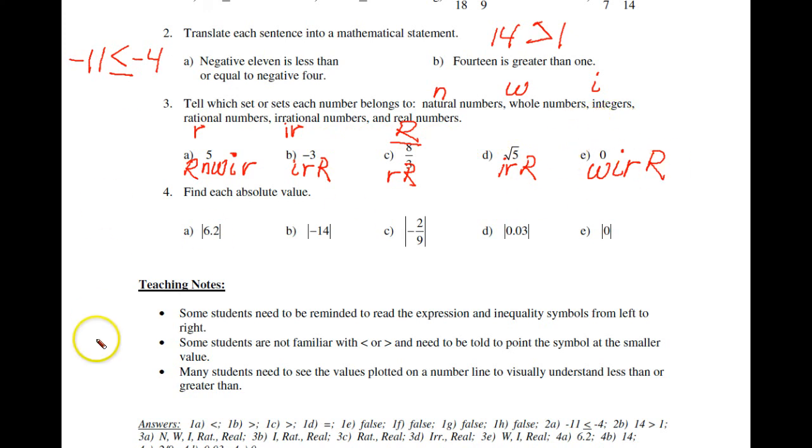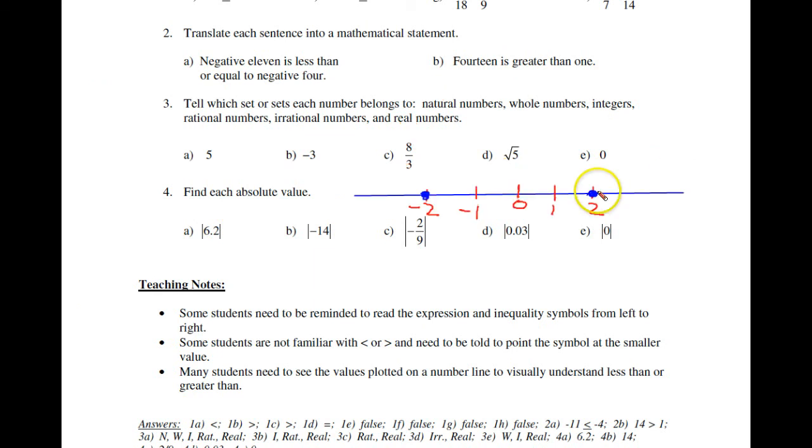Okay, now for this last part, I'm going to make another number line for you. Now, on this number line, I've put -2 and 2 that I'm going to be featuring here. Now, absolute value, by definition, is the distance a number is from 0.